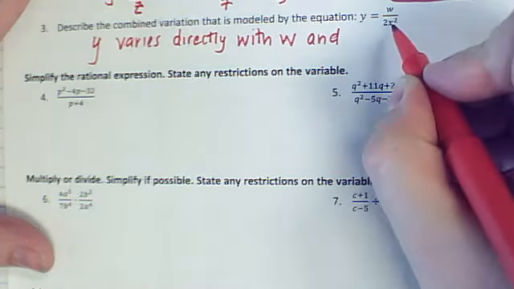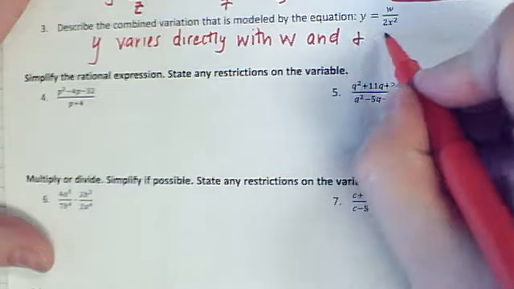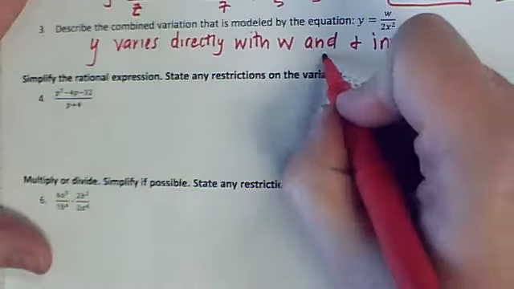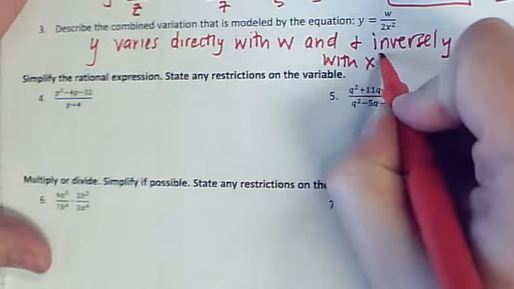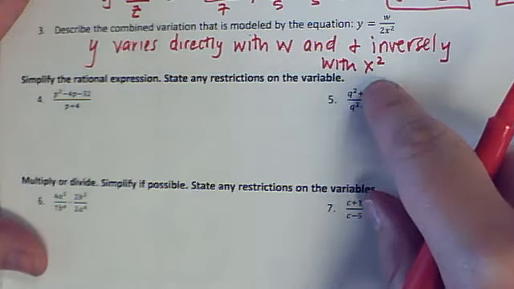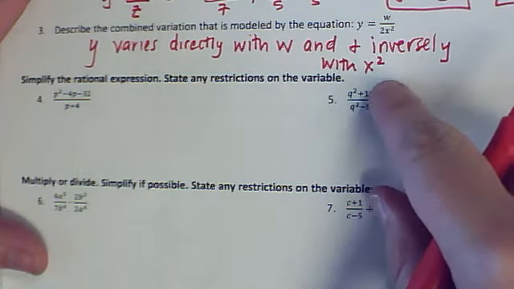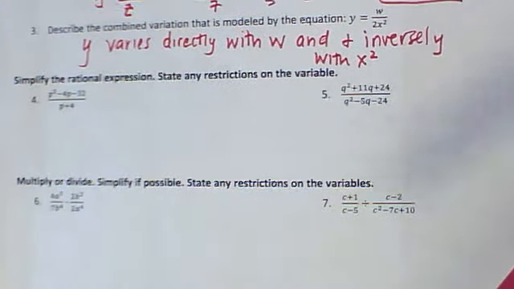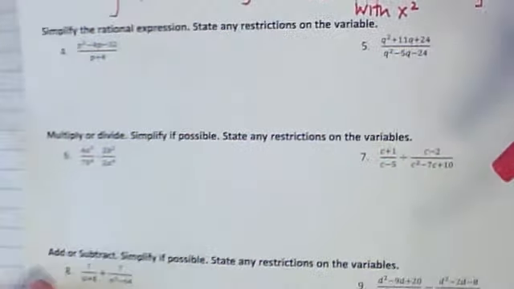And since we're dividing by the x squared, it's inversely with x squared. You can either write inversely with x squared or inversely with the square of x. Either of those will give you the same answer. Alright, so that's your description. That's what I want when it asks a question like that.